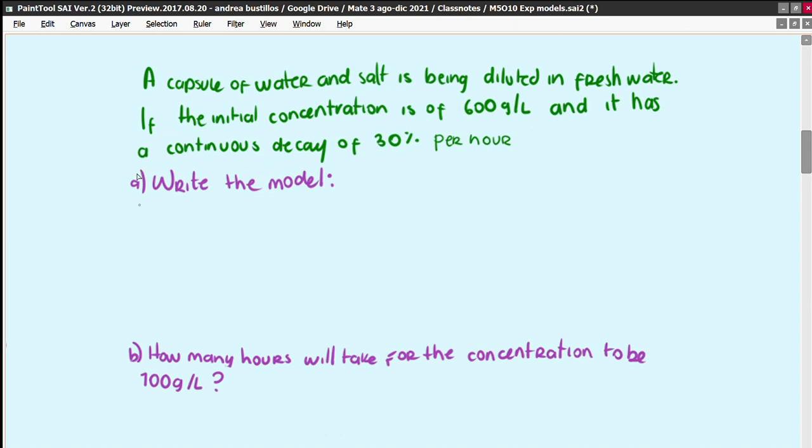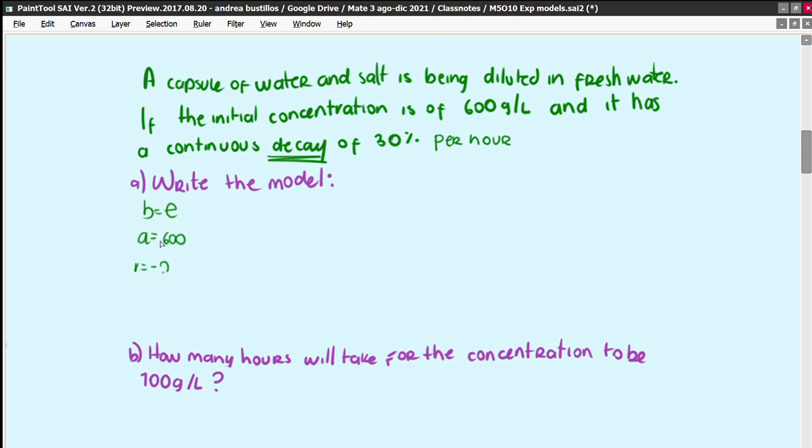So as always, our base is going to be e. Now, a, my leading coefficient, is my initial population. My initial concentration in this case is 600. And then I'm being given the rate of decay, meaning that the rate has to be negative. Why?